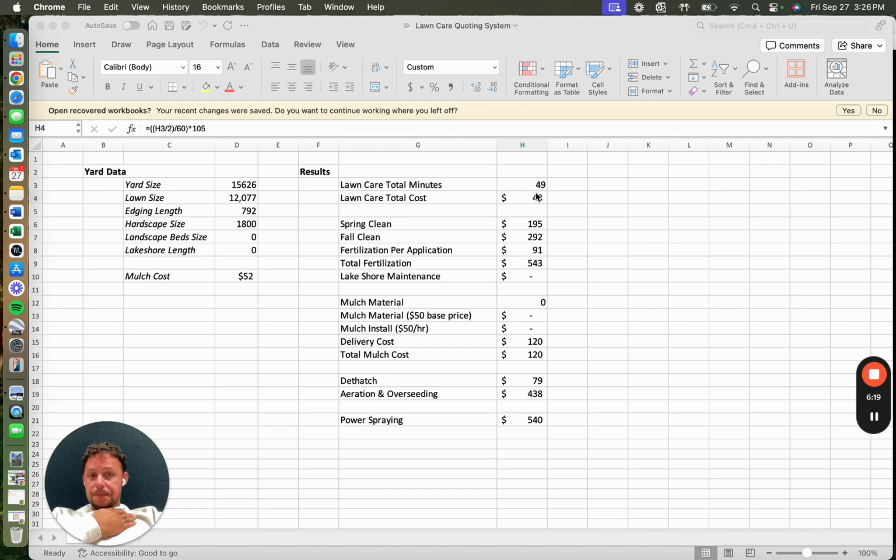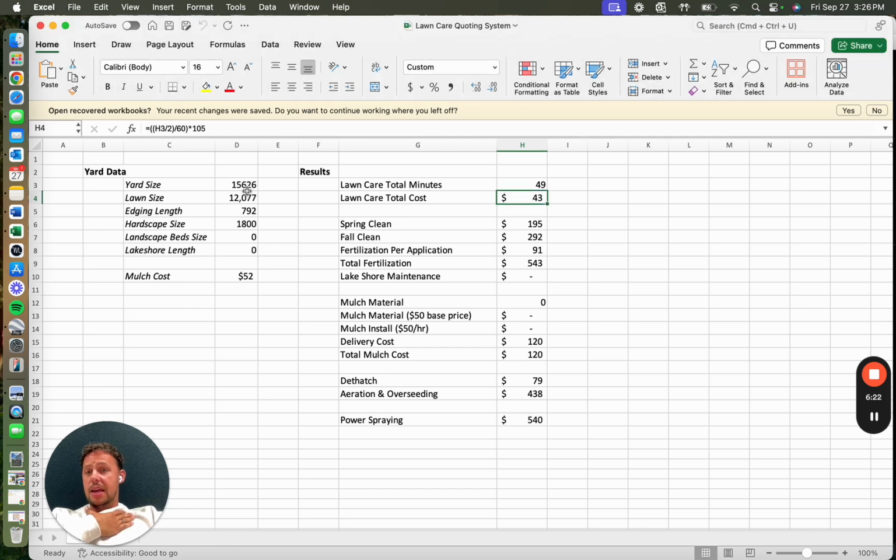All right, so with that rough math, we were able to start putting together our handy dandy Excel spreadsheet because we were able to say, if a lawn was X size, right? So we'll say 12,000 square feet. We knew if it was grass of 12,000 square feet, and edging of 700 linear feet, and hardscape, that's like your driveway, your patios, your decks, of 1,800 square feet, we were able to do the rough equation of how long that would take us to take care of that lawn, right?